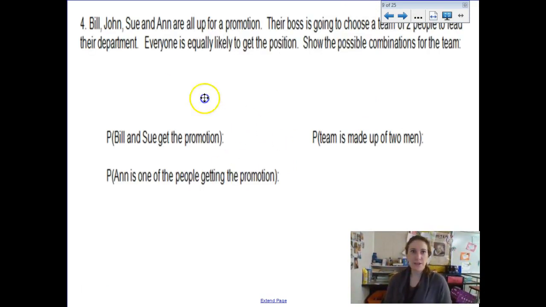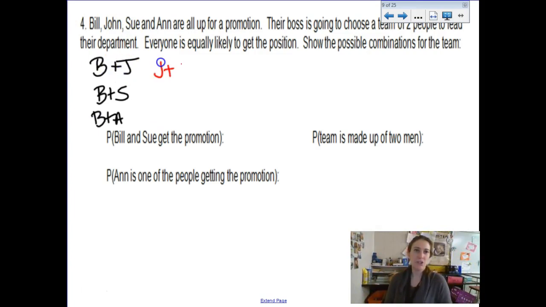Bill, John, Sue, and Ann are all up for a promotion, and their boss is going to choose a team of 2 people to lead the department. Everyone's equally likely. What are the possible teams that we could come up with? It could be Bill and John, Bill and Sue, or Bill and Ann. Now when I go to select with John, I'm not going to say John and Bill because that's the same team.